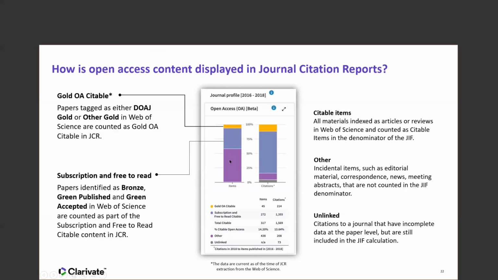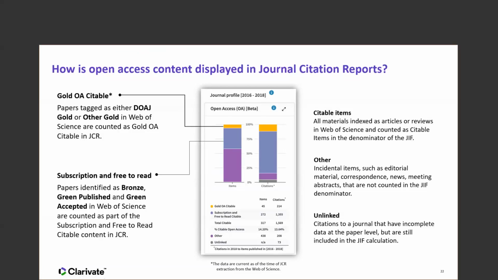And the other ones are coming from subscriptions. So citable items are the items coming from the paper, and citations are the citations to those items.